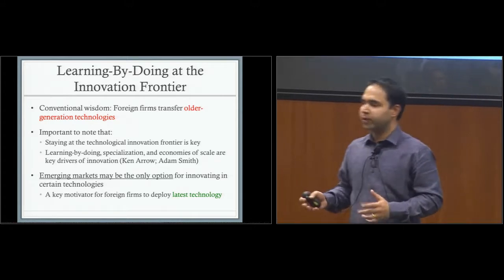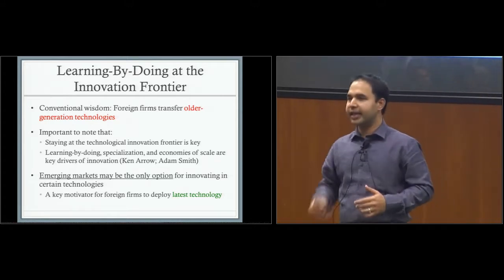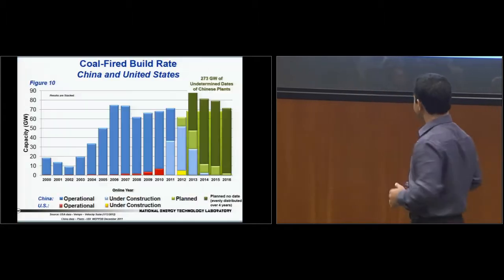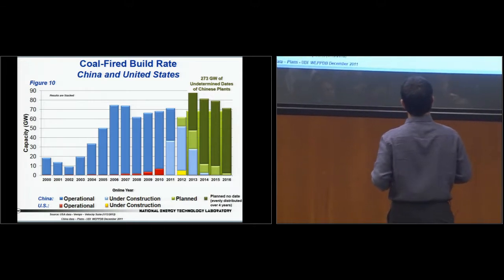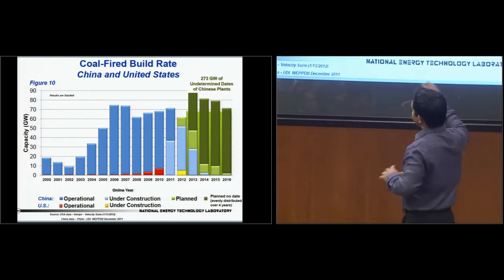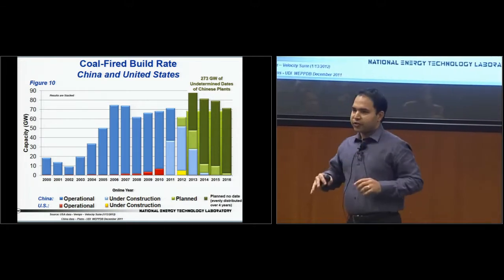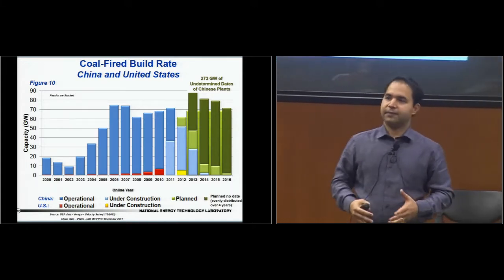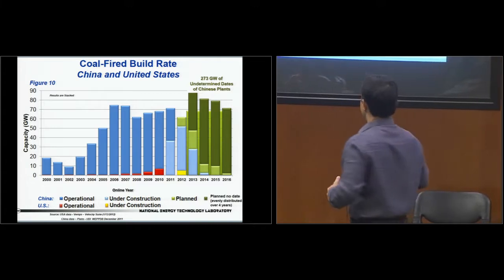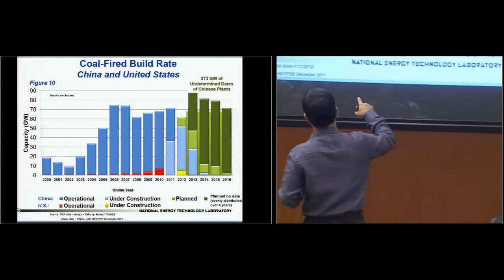And the reason it is true is because of natural gas, and we have heard that again and again here. So this chart really is from the National Energy Technology Lab. It shows the operational, under construction and planned coal capacity in the US and in China. The US is red and yellow, right?